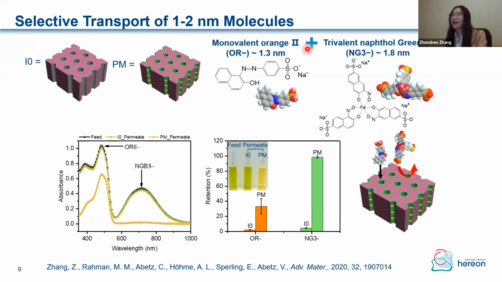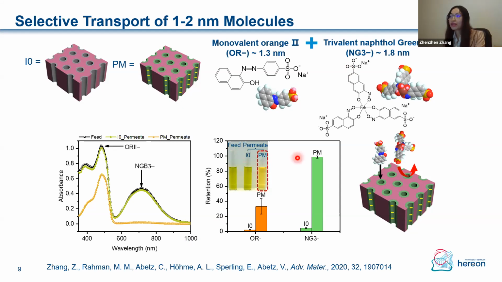So here is the negatively charged membrane PM. Similarly, we use two molecules, but with different size, also different charge number. One is the smaller monovalent molecule. Another one is the larger trivalent molecule. The feed mixture solution is this yellowish green color.